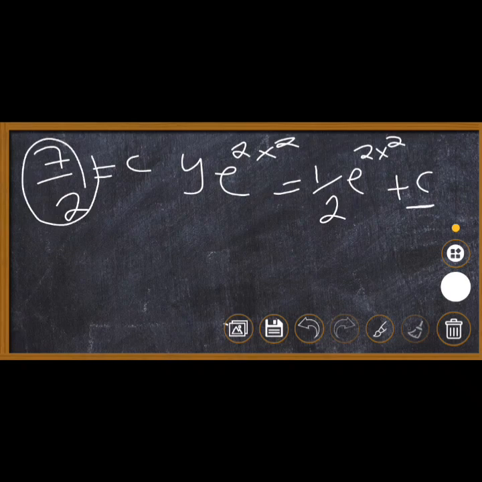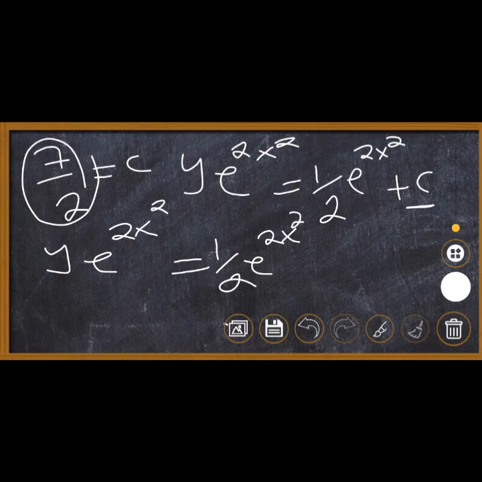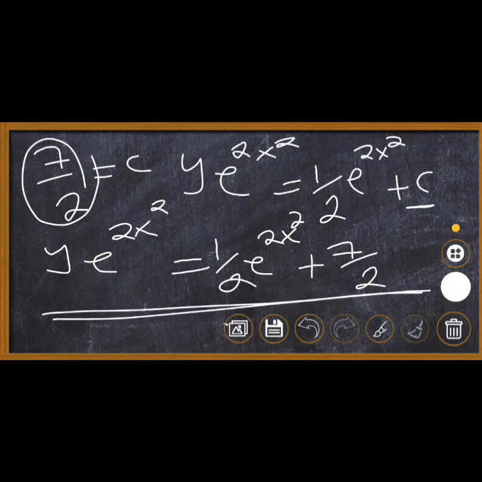Our general equation becomes y e^(2x squared) equal to half e^(2x squared) plus 7 over 2. So this is our constant. For the sake of simplifying this, we can even factorize half, but all in all, this is the general solution.